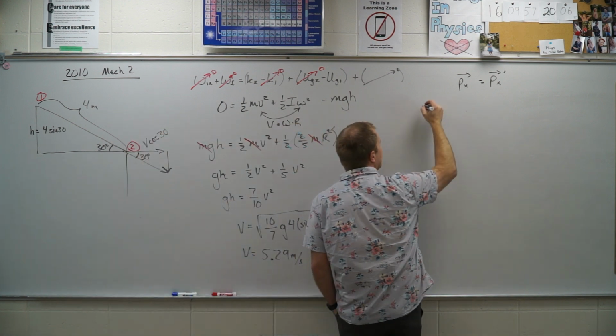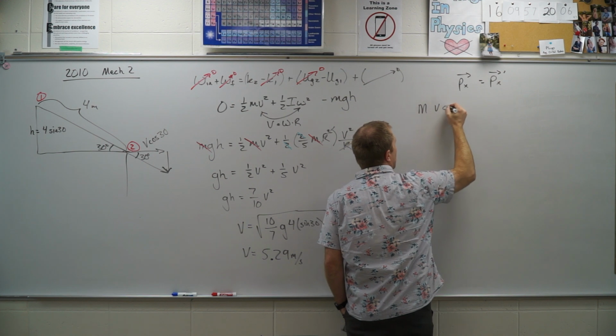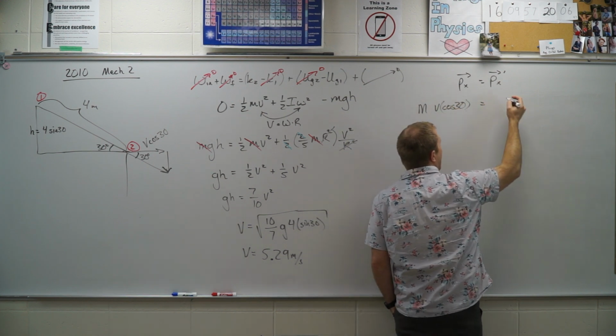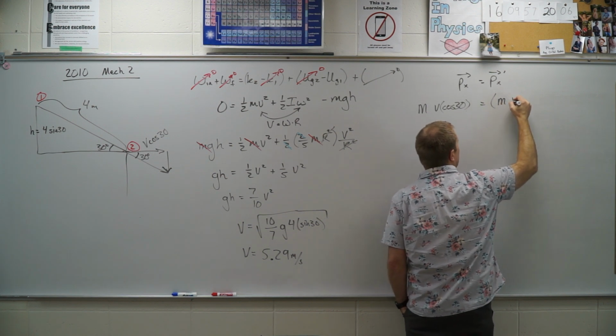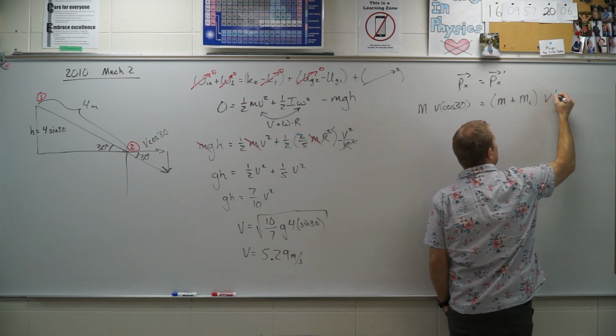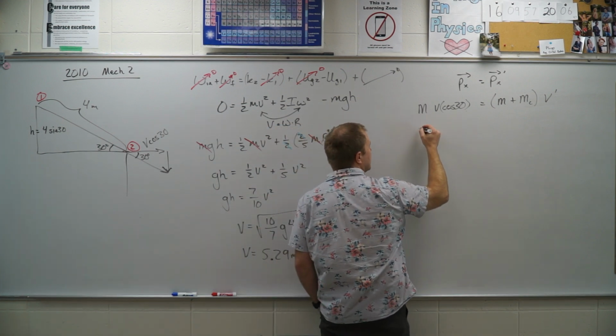So I'm able to say that it's going to be my mass times v cosine 30 equals, and then afterwards it's going to be the mass plus the new mass, I'll call it the mass of the cart, going at its final velocity. And so I know this mass, it's 6.